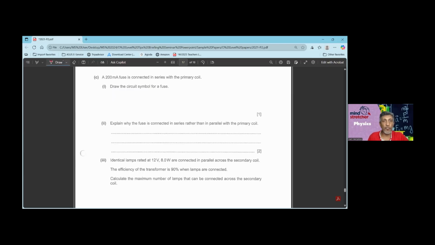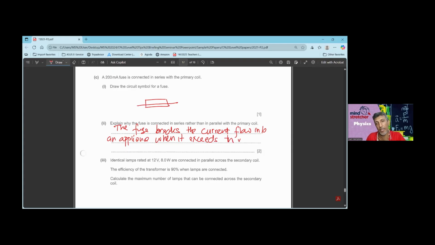What's the circuit symbol for a fuse? And why must the fuse be connected in series rather than in parallel? Because the fuse breaks the current flow into an appliance when it exceeds the rating.